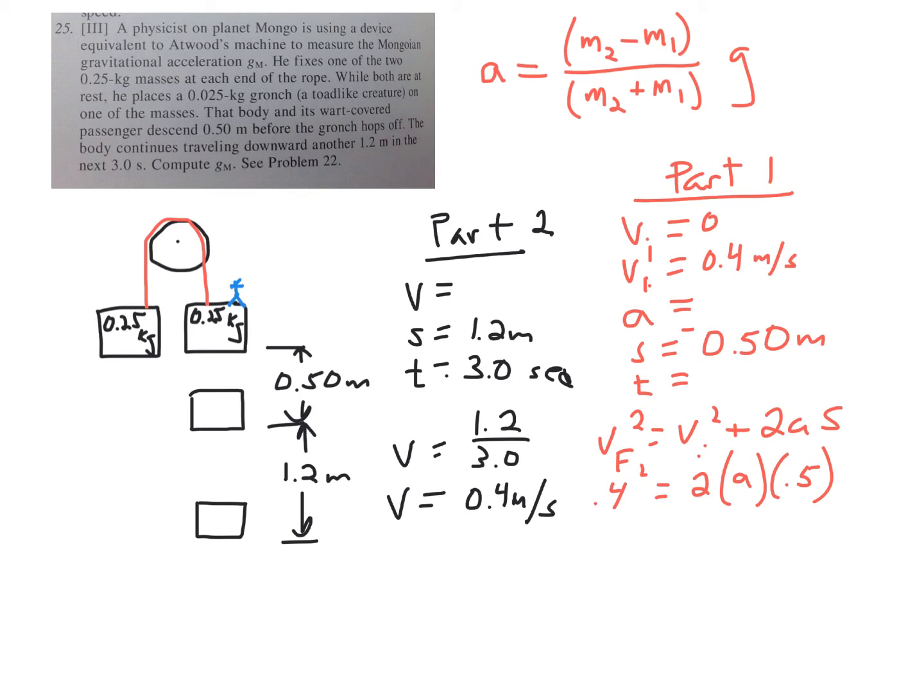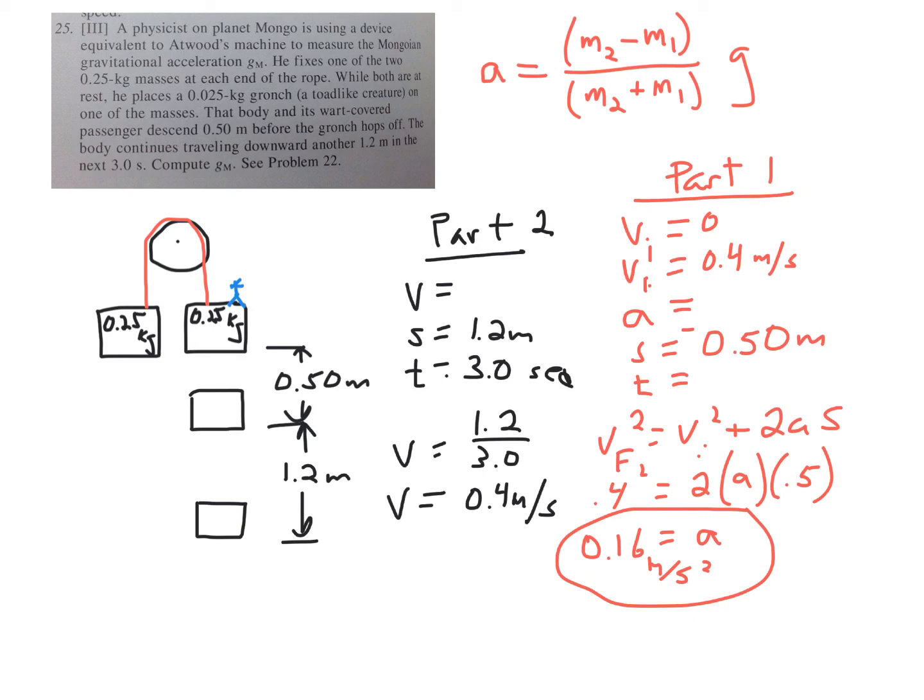And 2 times 0.5 is 1. And 0.4 squared, I believe, is 0.16. So the acceleration is 0.16 meters per second squared, because I did everything in meters and seconds. So that's the acceleration of this system.